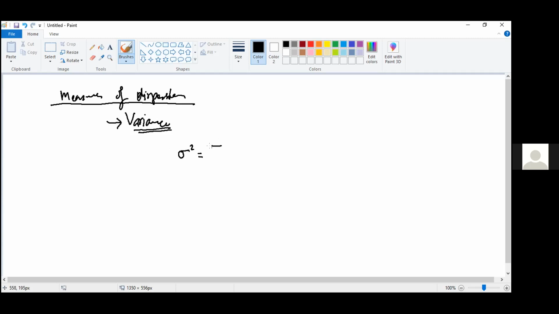And how do you calculate variance? It is the sum for all i of (xi minus mu) whole square, divided by n.